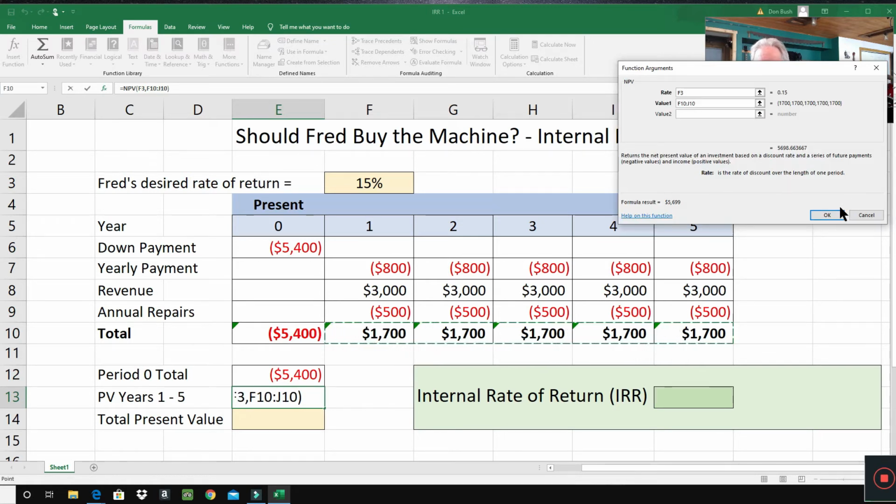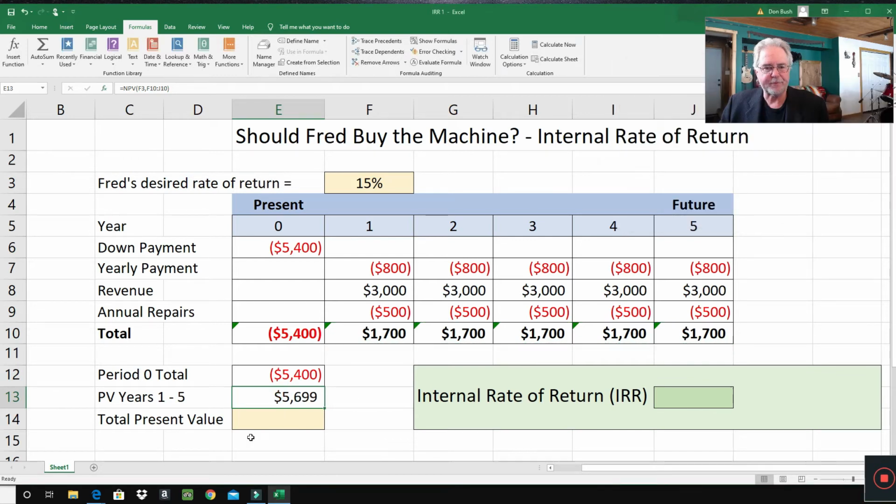So there we are, press OK, and there's the present value of those cash flows. So all we need to do to get the total is add period 0 and the present value of years 1 through 5 together, and we end up with a positive $299. So what does that mean?